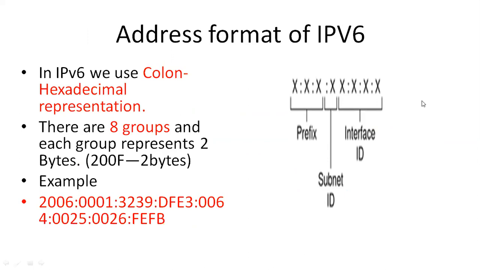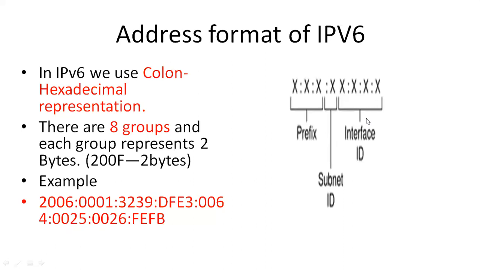For example, the right side diagram shows A, B, C, like that with separators. Here it is divided into 8 groups. The first 3 groups are called the prefix, and then the fourth group is represented as the subnet ID, and then the remaining last 4 groups are called the interface ID.